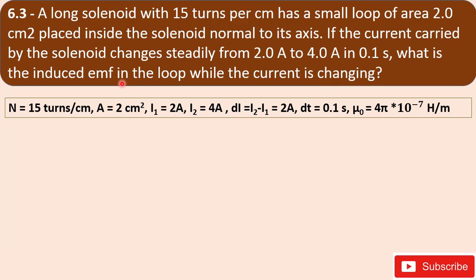So here we have this data available with us: number of turns n, 15 turns per centimeter, area A is given as 2 centimeter square, I1 which is 2 ampere, I2 is 4 ampere, change in current I2 minus I1 which is equal to 2 ampere, dt change in time which is equal to 0.1 second, and one additional parameter which is helpful for calculating induced EMF in this example, which is mu 0, permeability of free space, permeability of vacuum, which is given as 4 pi into 10 raised to minus 7 Henry per meter, right?